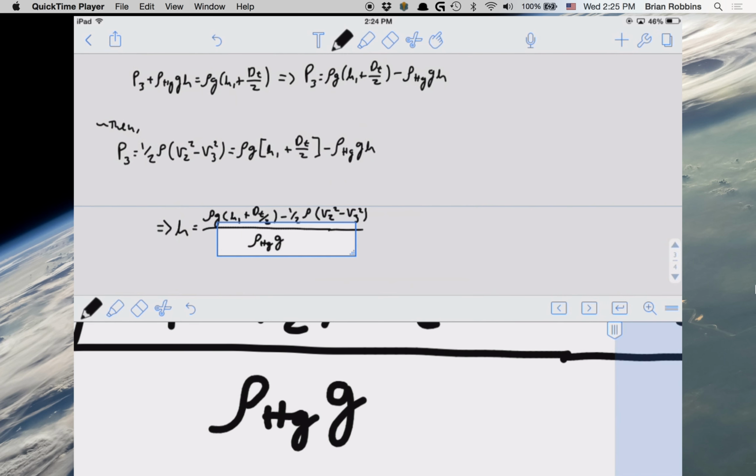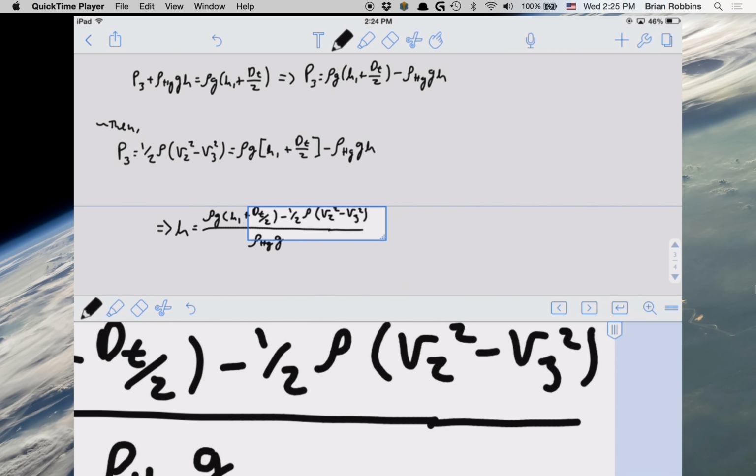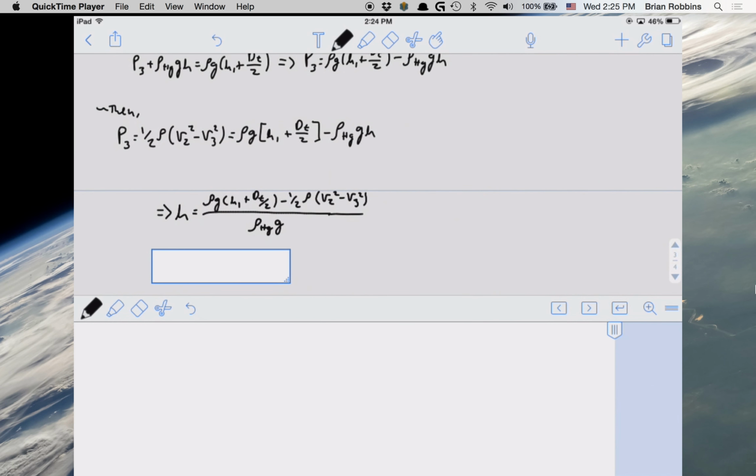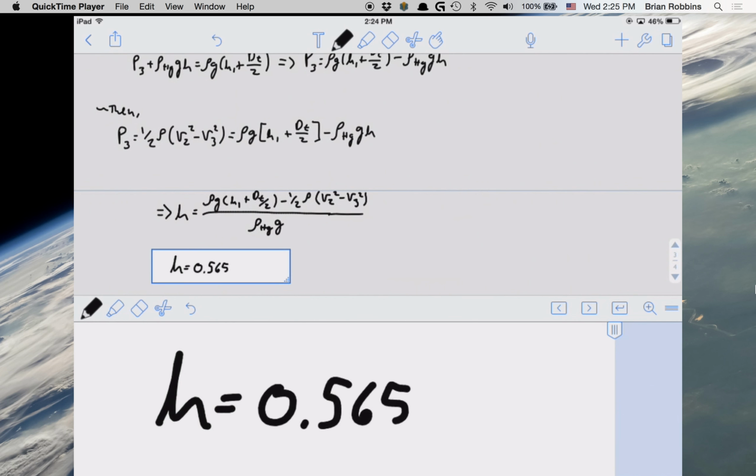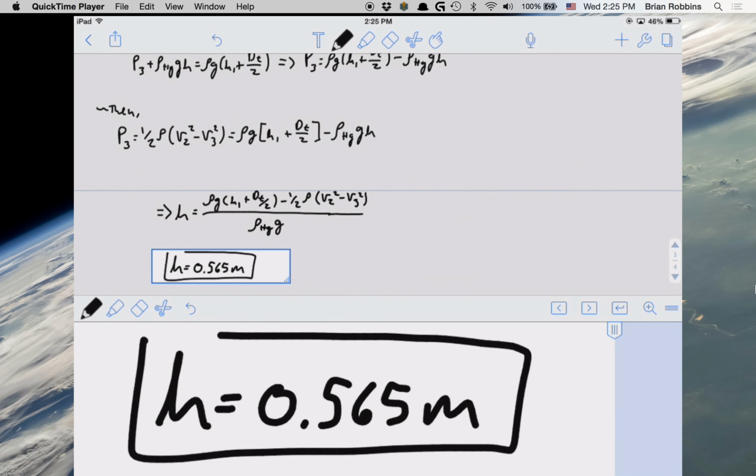So all of these values we now know. So what we can do now is just plug in our known values, and what we end up getting for our height, so our difference in height for our gauge fluid in the manometer, is 0.565 meter. And that is our final answer for part B.